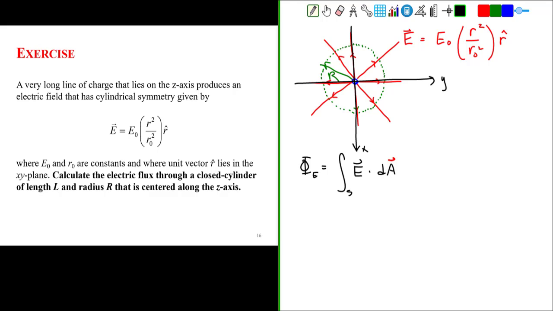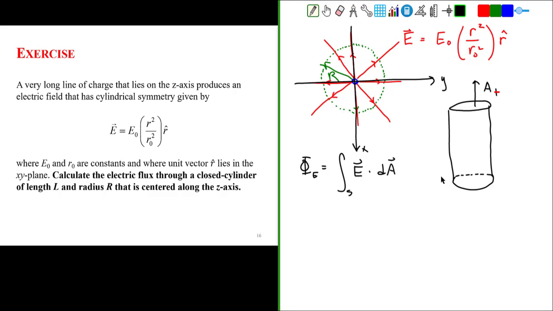But here's the thing. This is a closed cylinder. If we look at the cylinder from the side again, the cylinder has a top, the cylinder has a bottom, and the cylinder has a side. Let's label those. The top has a certain area.